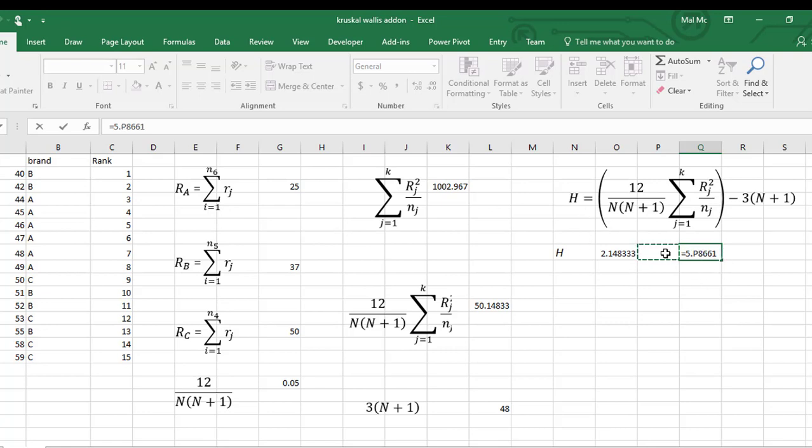In this case, we can see that H is not greater than H alpha, and as such, we cannot reject our null hypothesis. So we can conclude that there is no significant difference in the median of the brands of each car wash. So we cannot say that A, B, and C are significantly different in their protections.